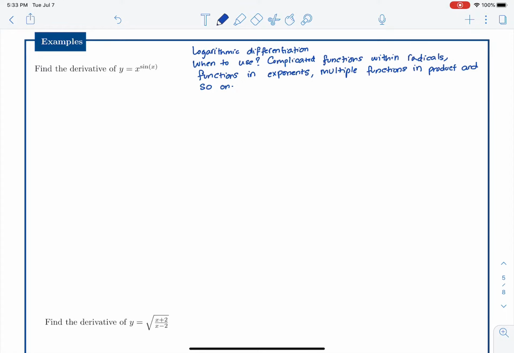A key aspect of logarithmic differentiation is implicit differentiation.